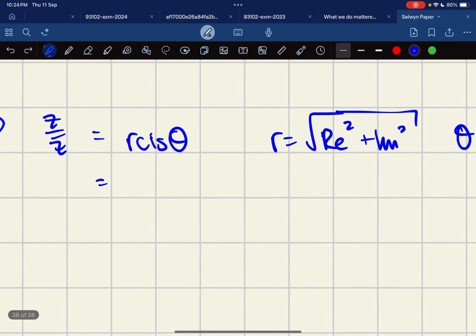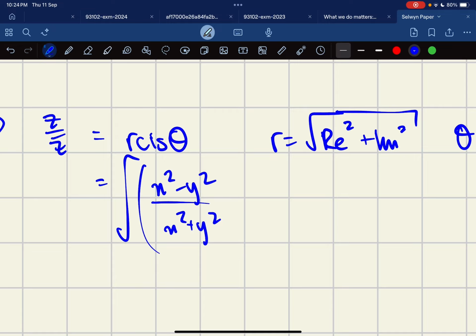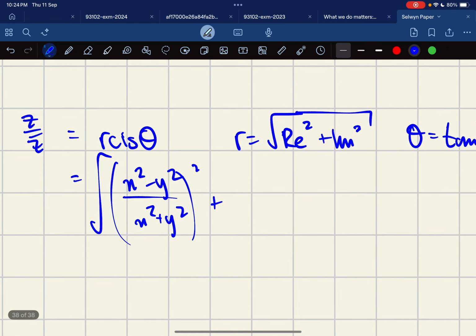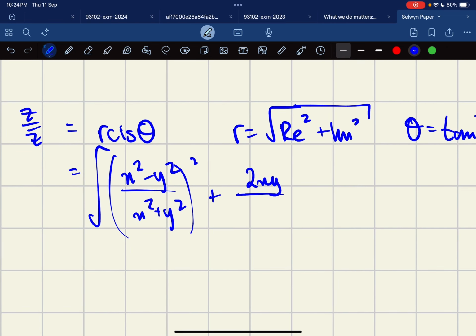So that's the square root of x squared minus y squared over x squared plus y squared, all of that squared, plus the imaginary part, which is 2xy over x squared plus y squared, all squared.